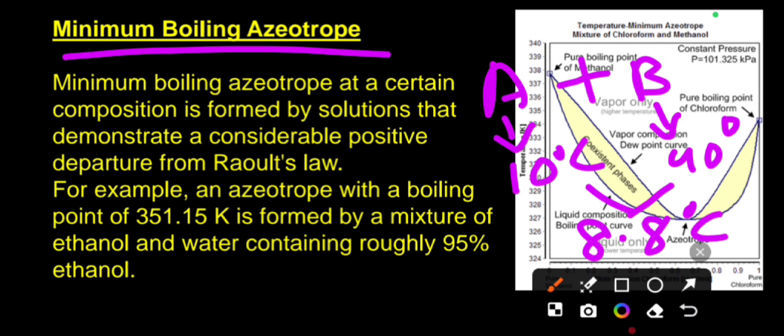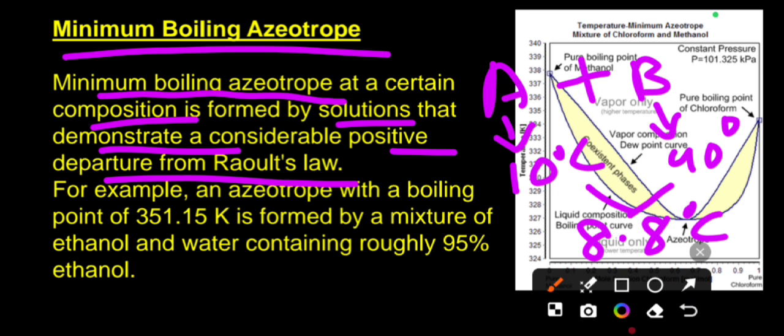It means after mixing you are getting a lower boiling temperature as compared to before mixing. So a minimum boiling azeotrope at a certain composition is formed by a solution that shows a consistent positive deviation from Raoult's law. Why have they written positive deviation from Raoult's law? You have already done the two types of Raoult's law deviation for volatile liquids.